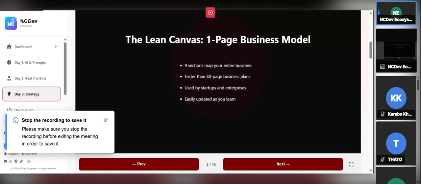It's way faster than a 40-page business plan. This is used by startups and by enterprises, right? It's easy to update, and it's also easy for your team members and your colleagues to learn and understand what the business is about, what we do, what we offer, right?